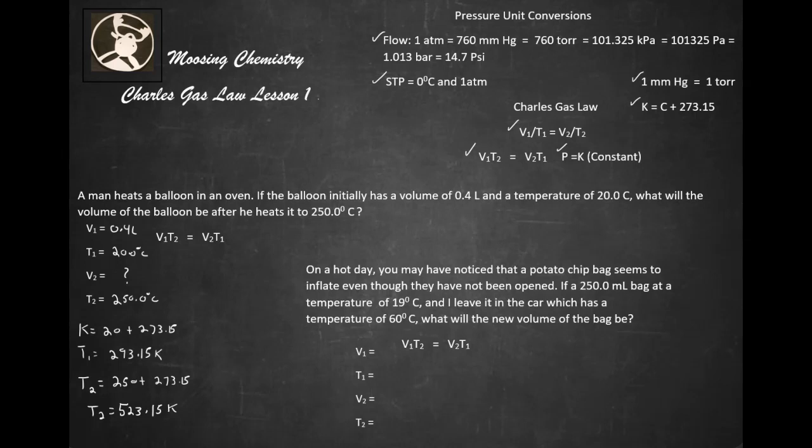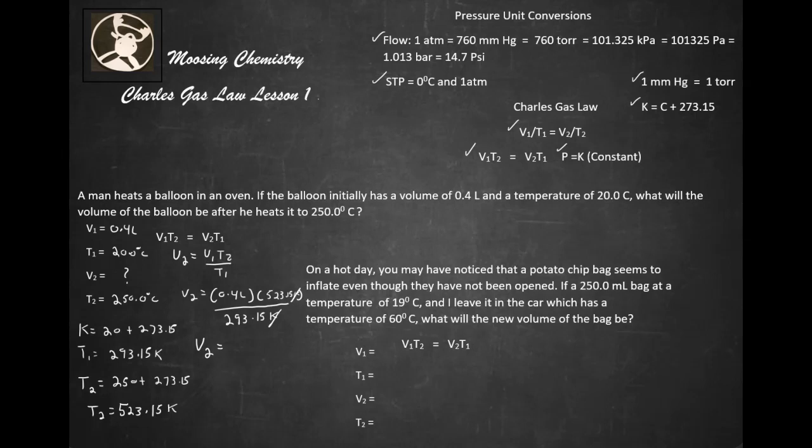To solve this, we have to isolate for V2. So V2 equals V1 T2 over T1. So V2 equals our first volume, 0.4 liters, times our second temperature, 523.15 K, divided by our first temperature, which we found to be 293.15 K. The K's cancel out, and we just do the math to get our V2.